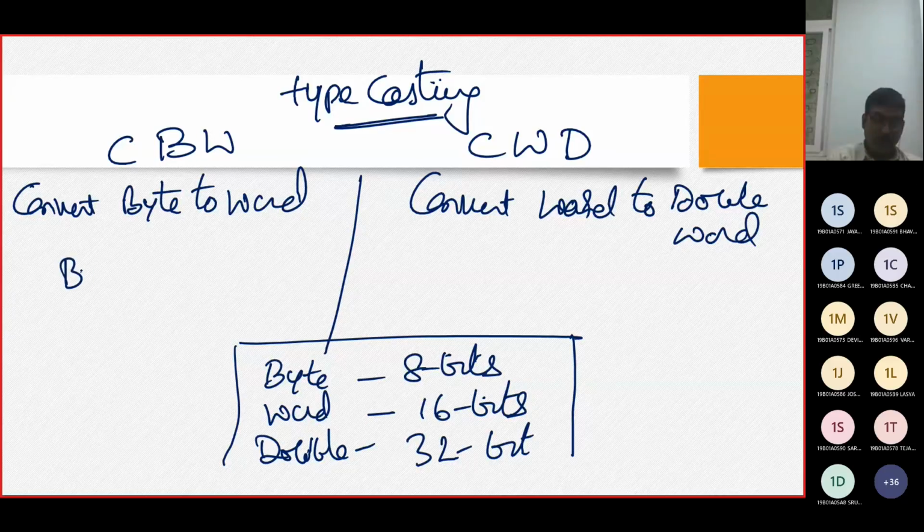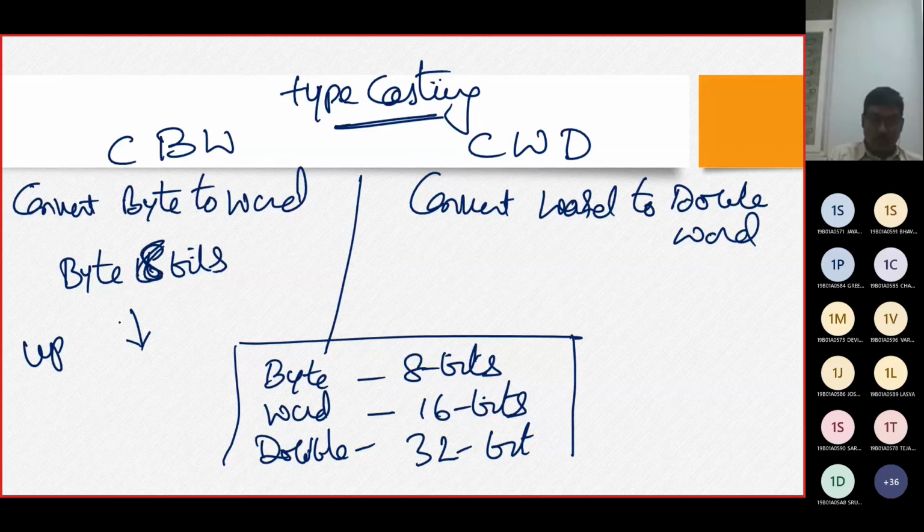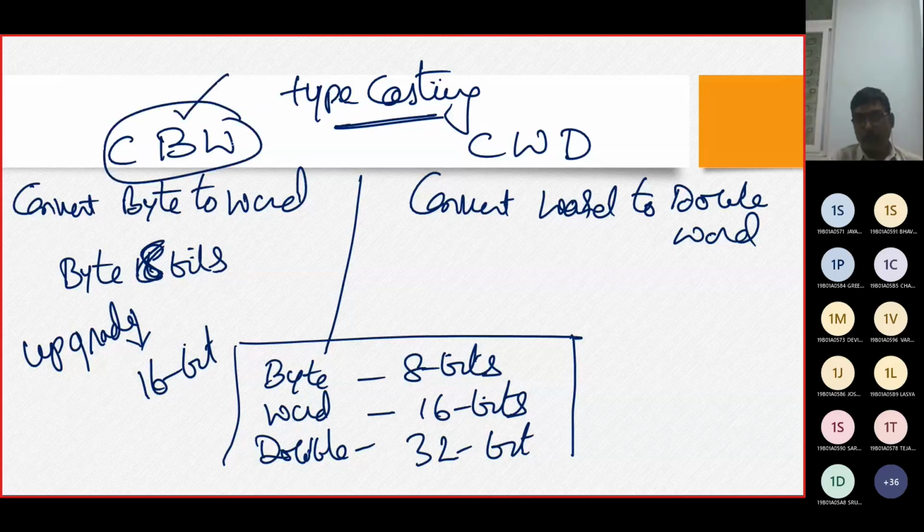I have byte data of 8 bits which I want to upgrade to 16 bits. How is it possible? It is possible with convert byte to word. At this point the instruction works from right to left. When we work with typecasting, the instruction converts things from right to left. After that, we have convert word to double word.